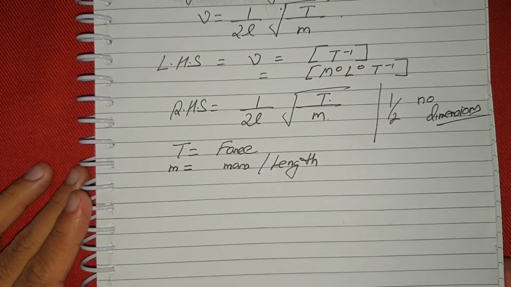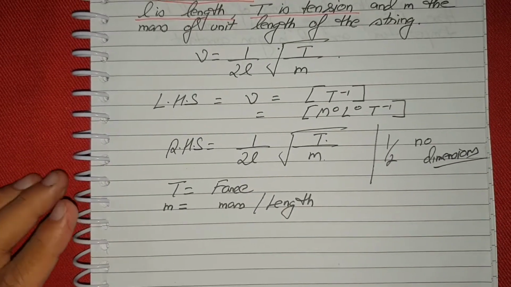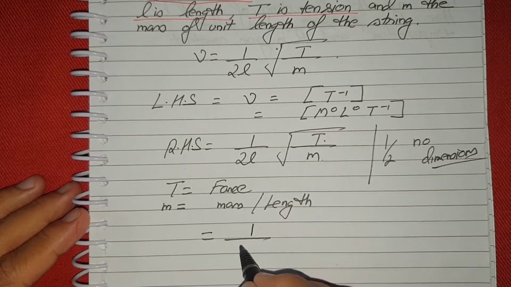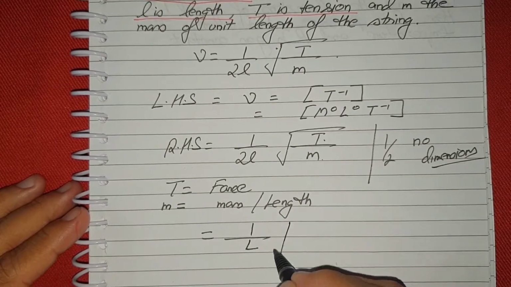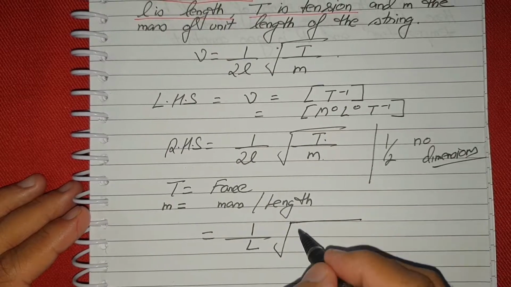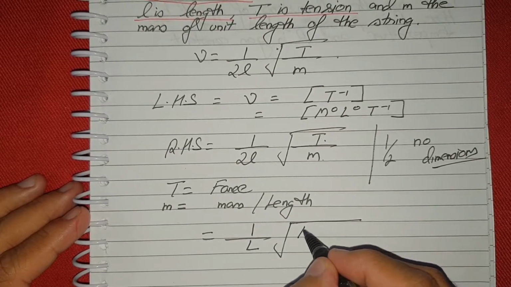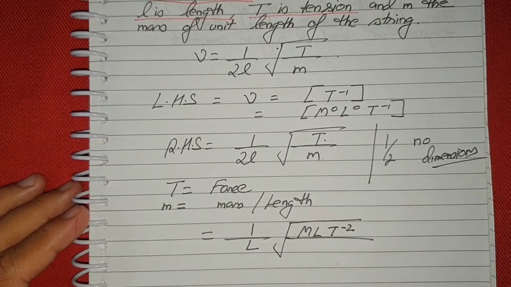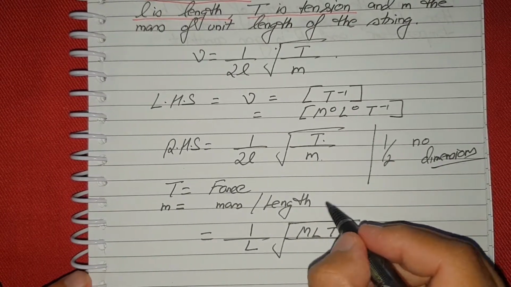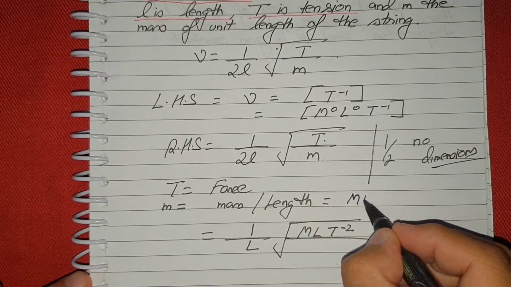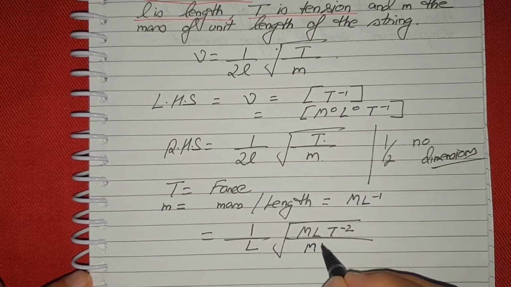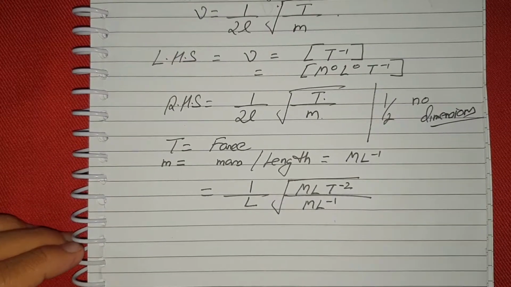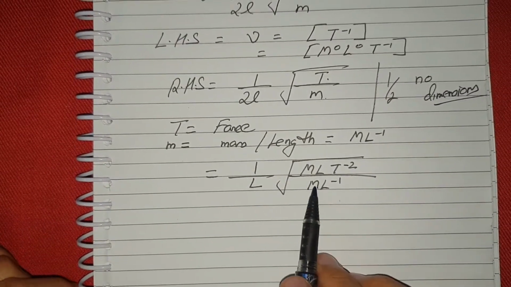So now writing the dimensions of this, this will be 1 by L under root of force, which is M L T minus 2, divided by mass by length, which is M L minus 1. M will get cancelled.